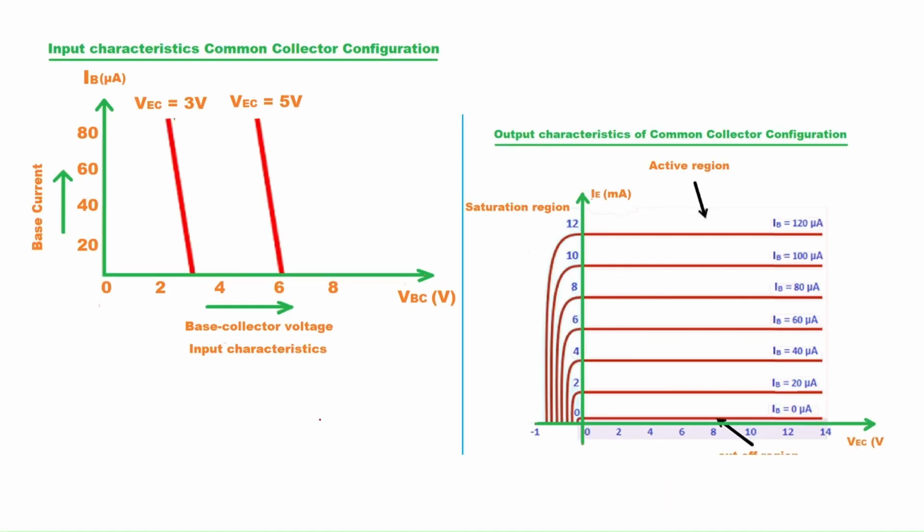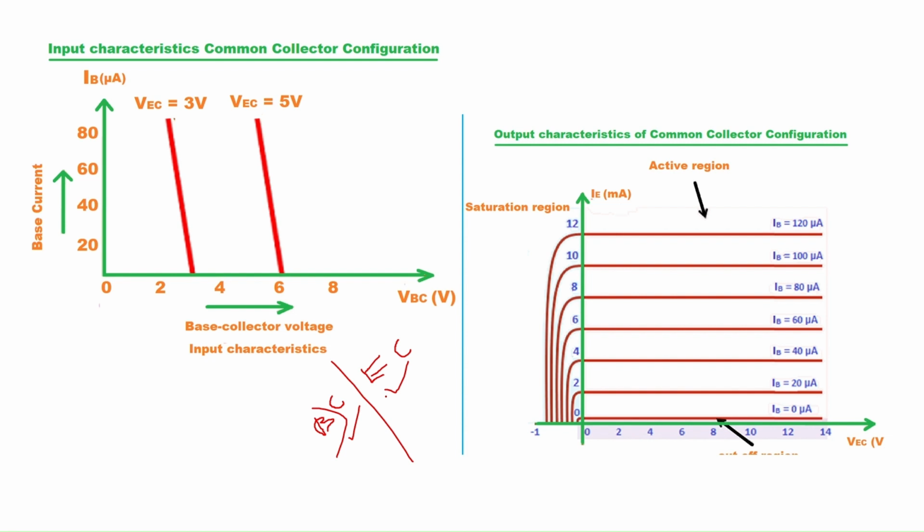Base will be the input and emitter will be the output, with collector being common to both the input as well as the output. This is input and this is output. The input characteristic is plotted with the input voltage VBC versus input current IB with constant output voltage VEC.